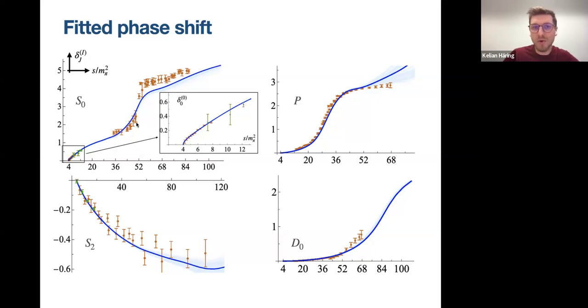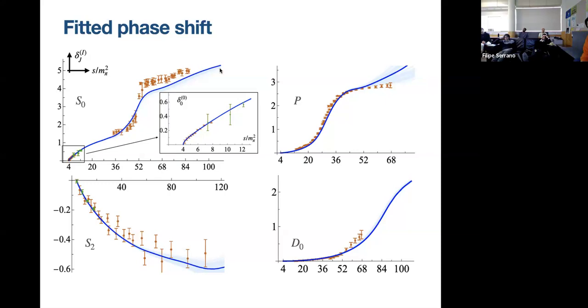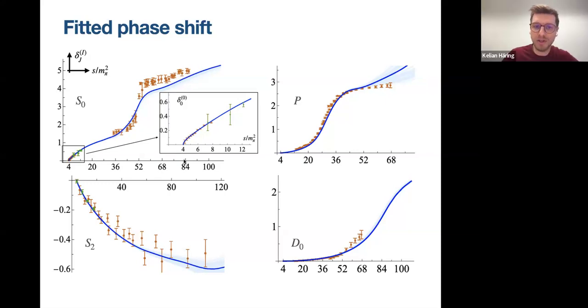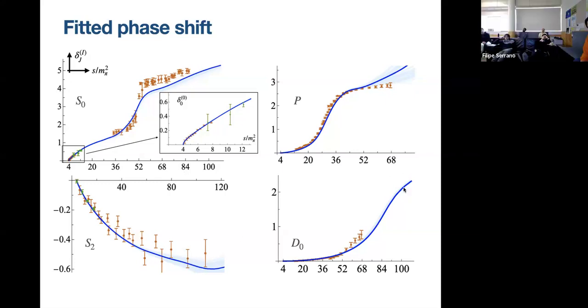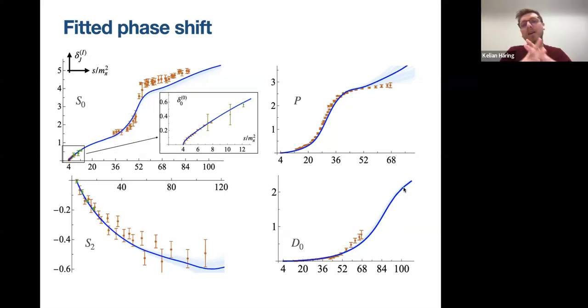What you see in dark blue is our best amplitude, our best candidate, the one with the minimum chi-square. All the light blue curves in these different plots have a chi-square which is reasonably close to the minimum.